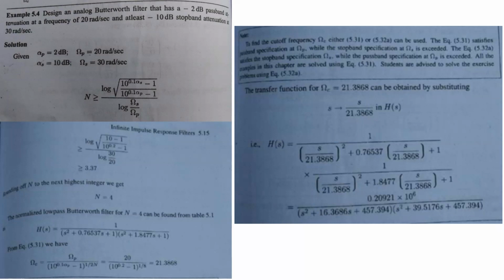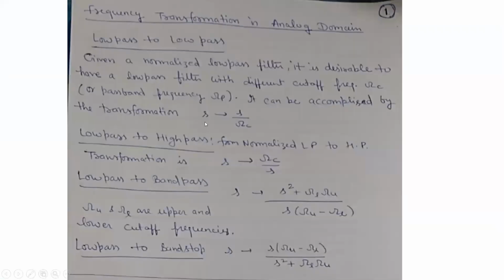We have gone through the designing of an analog low pass Butterworth filter, but if we have to design an analog high pass, band pass or band stop Butterworth filter, there are some transformation formulas for analog filter designing. If you want to design low pass to low pass, from the normalized low pass, as you have seen already, you replace s by s upon omega c.